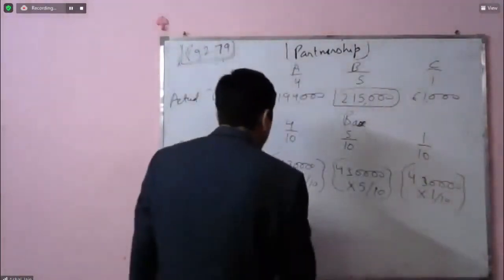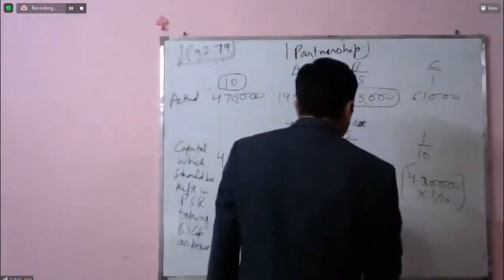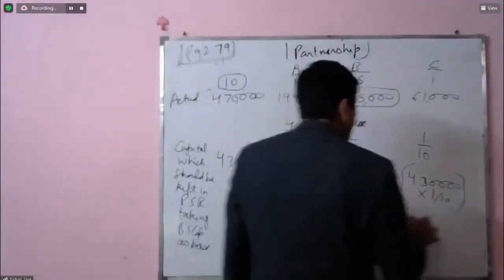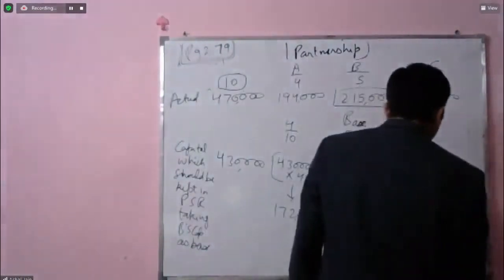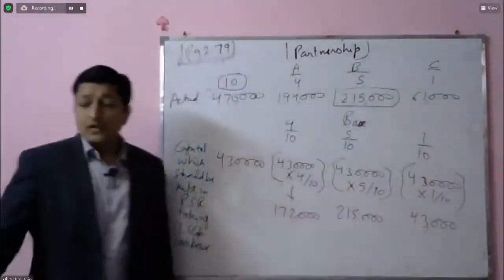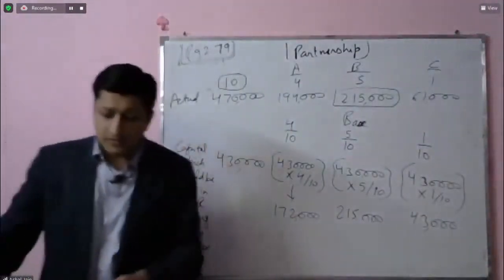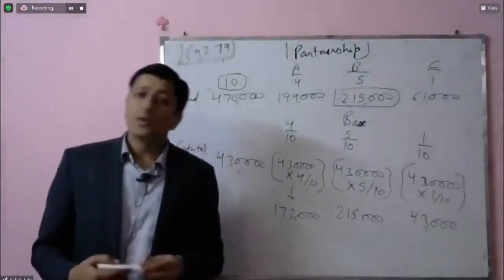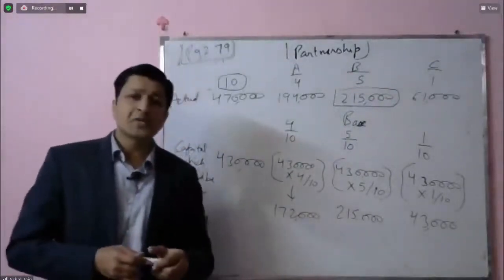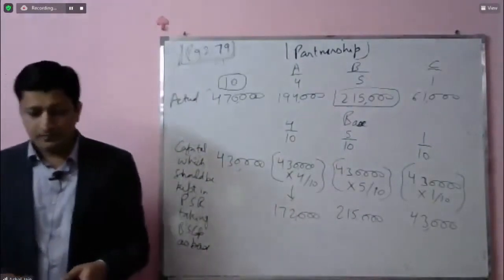So this will become 1,72,000, this should become 2,15,000, and this should become 43,000. Radha is saying, sir, why the actual capital is A and B? For this, we have done a lot of computations. I think you need to go back to the computation because that is all based on working notes number 1 and 2.